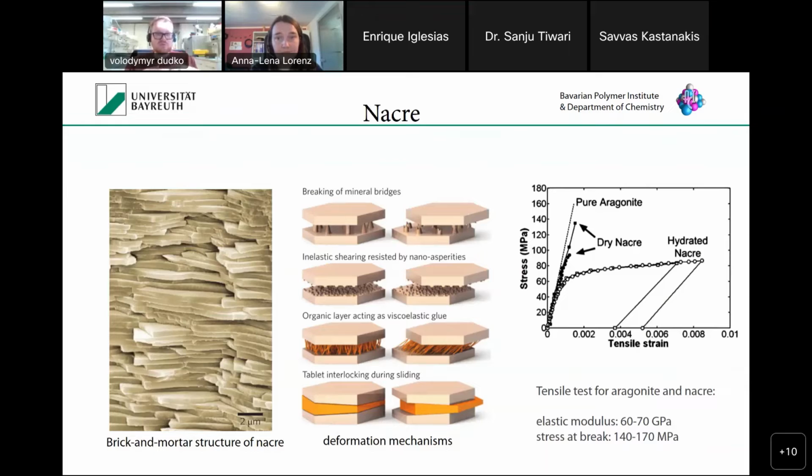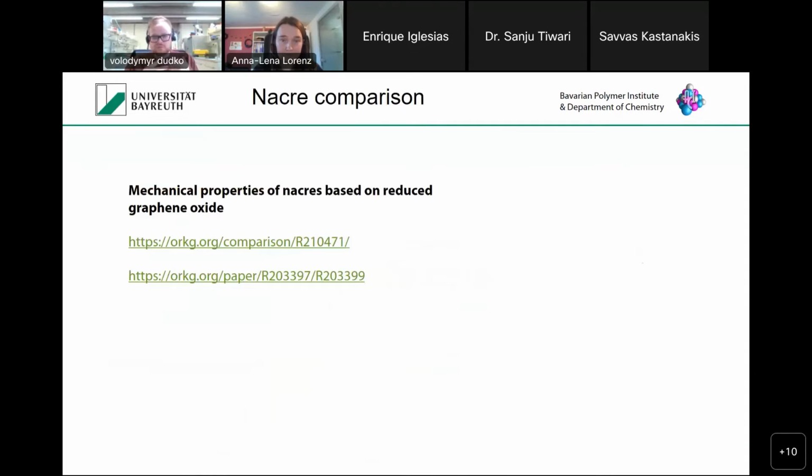What's unique about this material is that it's simultaneously strong and tough, which is an unusual combination in nature. So in this case, I also took another comparison where I studied the mechanical properties of nacres based on reduced graphene oxide, which is readily available and a very popular material right now.